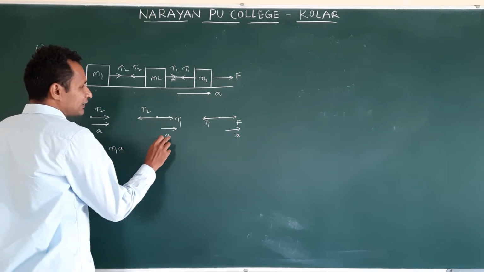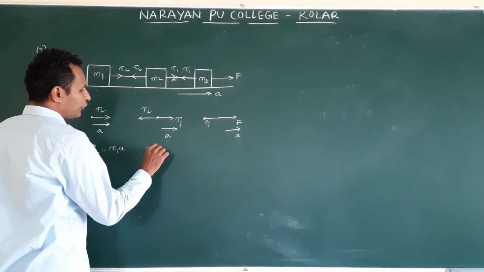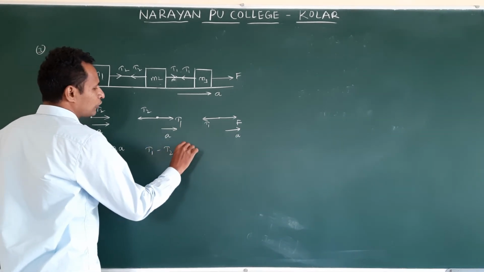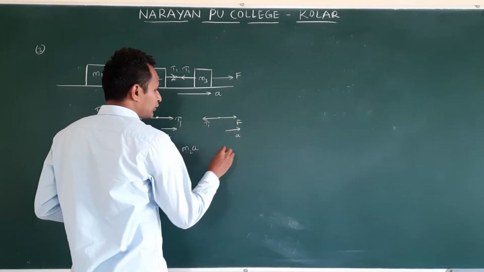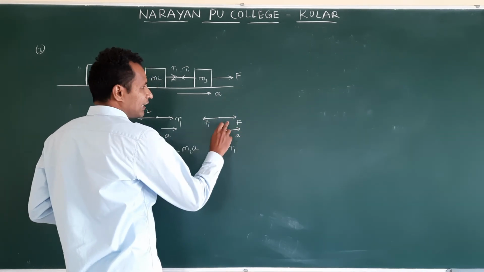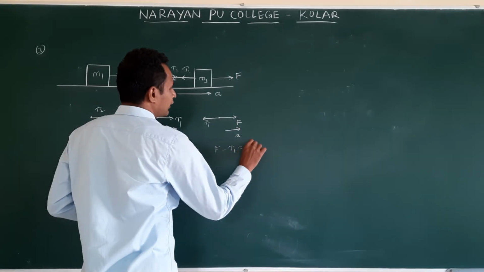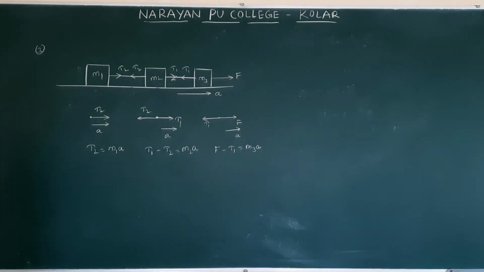Here, acceleration is in the direction of T1, which means T1 is dominating, so T1 minus T2 is equal to M2A. Here the force is dominating, so take F first, then T1, because acceleration is in the direction of F. This we write as M3A. Clear?